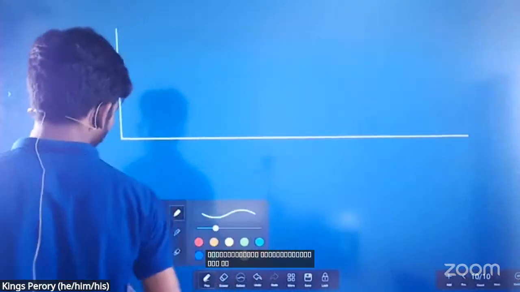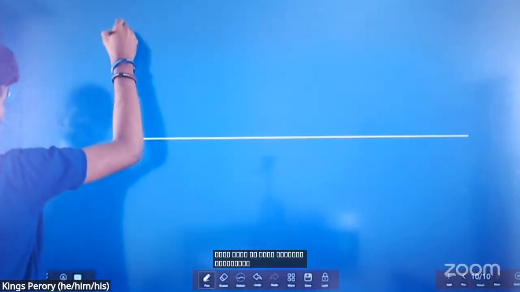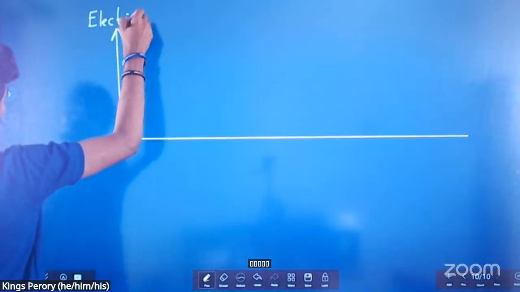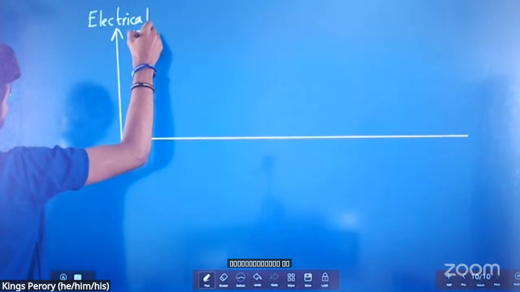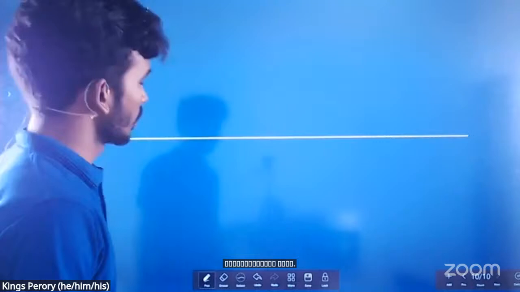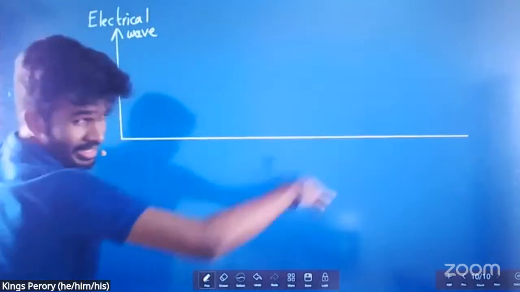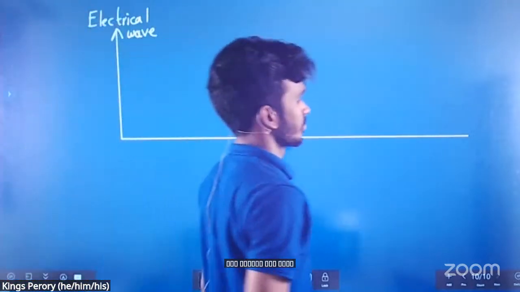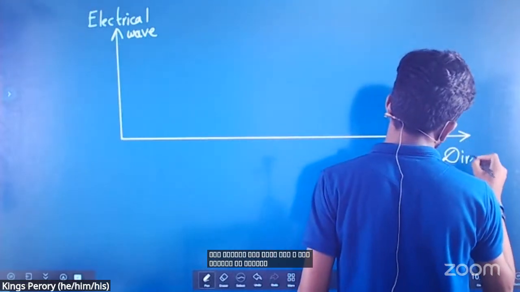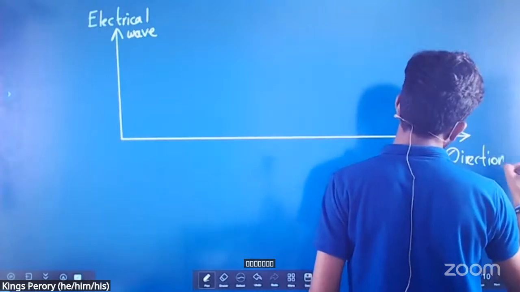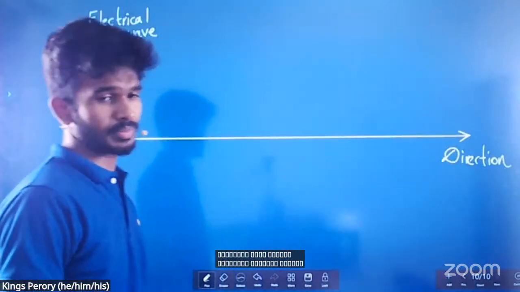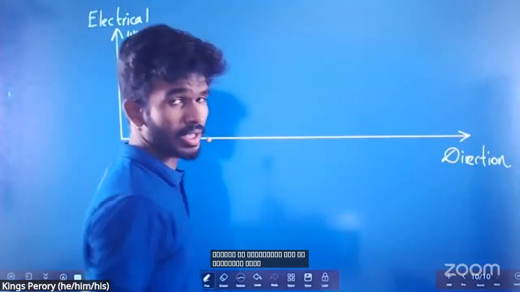We'll take the y-axis, the vertical axis, as electrical wave. The x-axis, this axis, I am going to take as the direction of propagation. Direction in which wave is going to propagate. That's the direction of propagation.